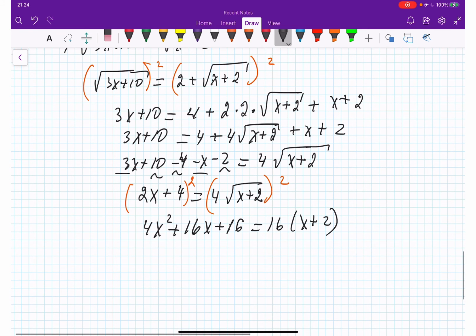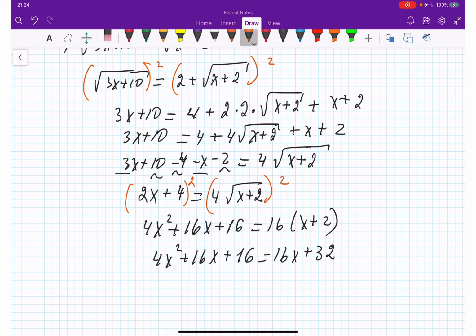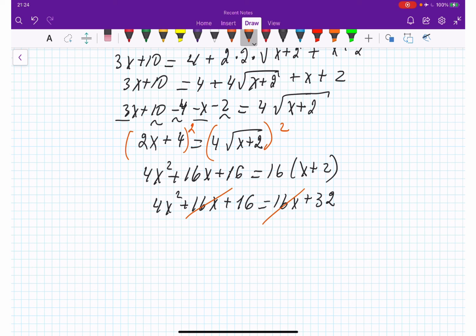All right, let's open it. 4x squared plus 16x plus 16 is equal to 16x plus 32. From here, this 16x canceled with this 16x. Okay, and if I move 32 to this side, I am getting 4x squared plus 16 minus 32 is equal to 0. 4x squared minus 16 is equal to 0.